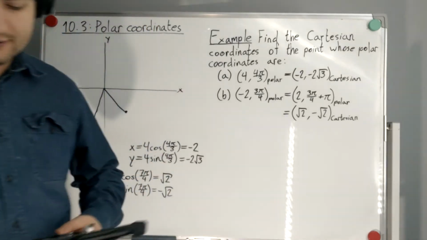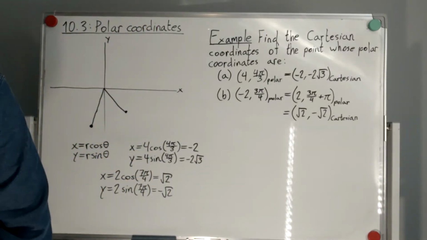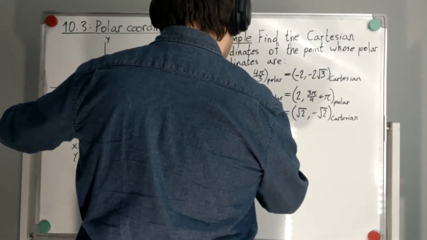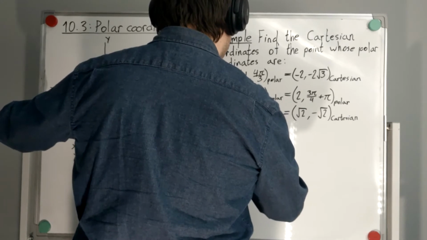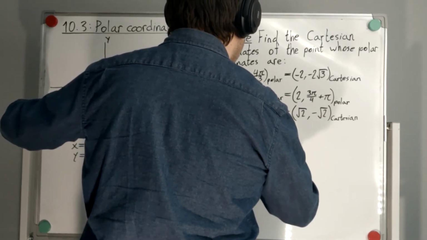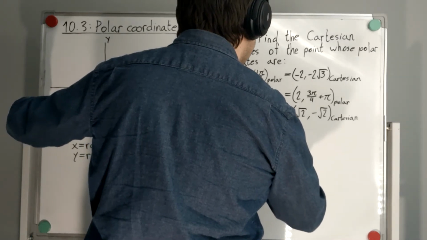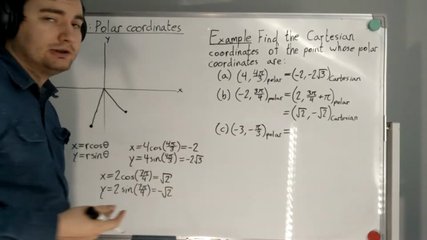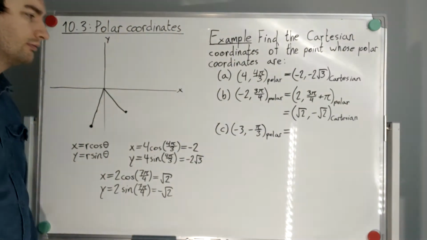All right, so then last one, part C. This one's going to give us -3, negative pi over 3. And again, this is in polar coordinates. We want to find its Cartesian coordinates.